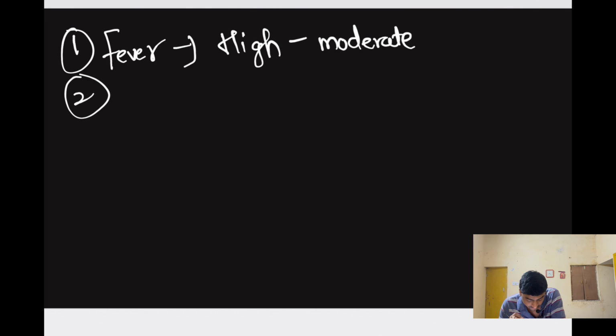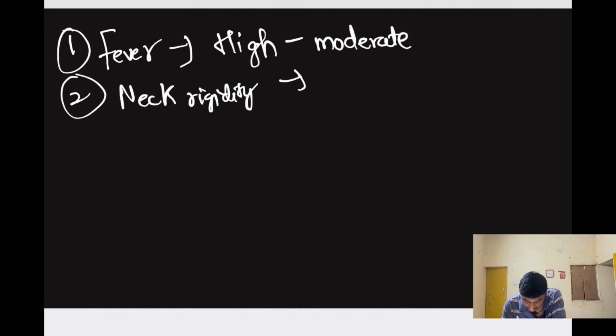The second clinical feature we have seen is neck rigidity, which is highly marked in case of acute bacterial meningitis.